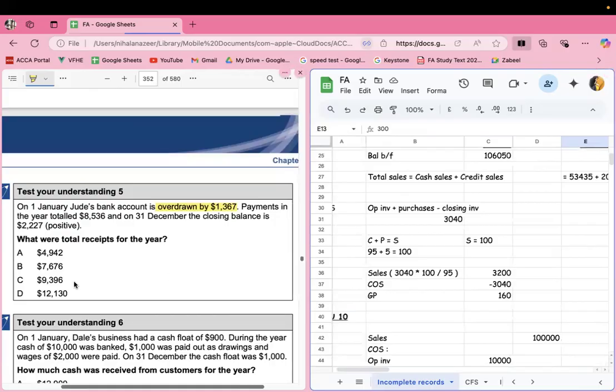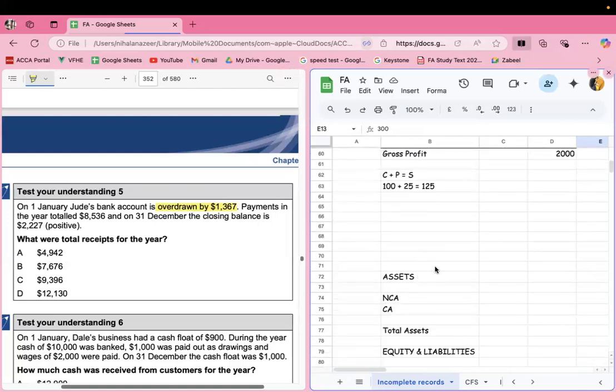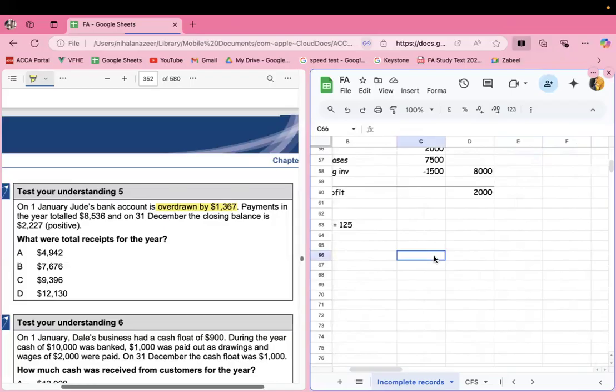Next, what are they telling us? January bank overdrawn by 1,367, payments in the year totaled 8,536, and on 31st December the closing balance is 2,227, that is positive, right? What were the total receipts for the year? So we need to find total receipts. Here I'm planning to apply the negative and positive amounts. Overdrawn means minus 1,367, right?